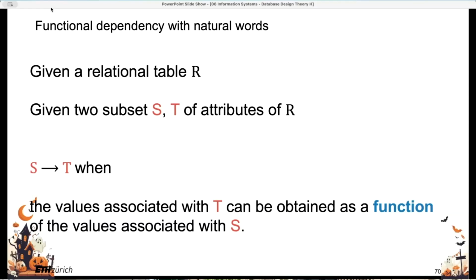So when we say that S functionally determines T, we basically are saying that the values that are associated with T can in fact be obtained as a function of the values determined from S. The physicists would probably write T of S here. Mathematicians don't do that, but physicists, they would write T of S in order to express that T is a function of S. Who is with me?